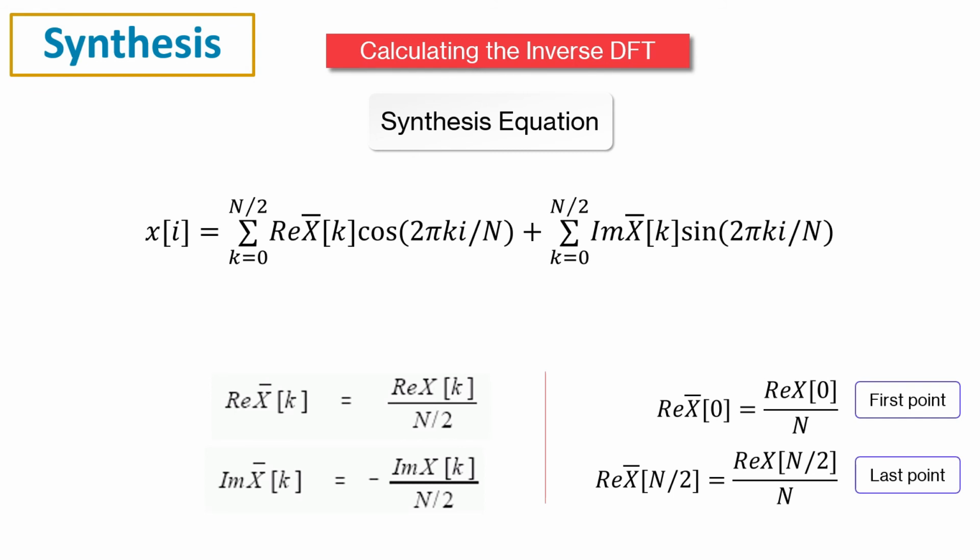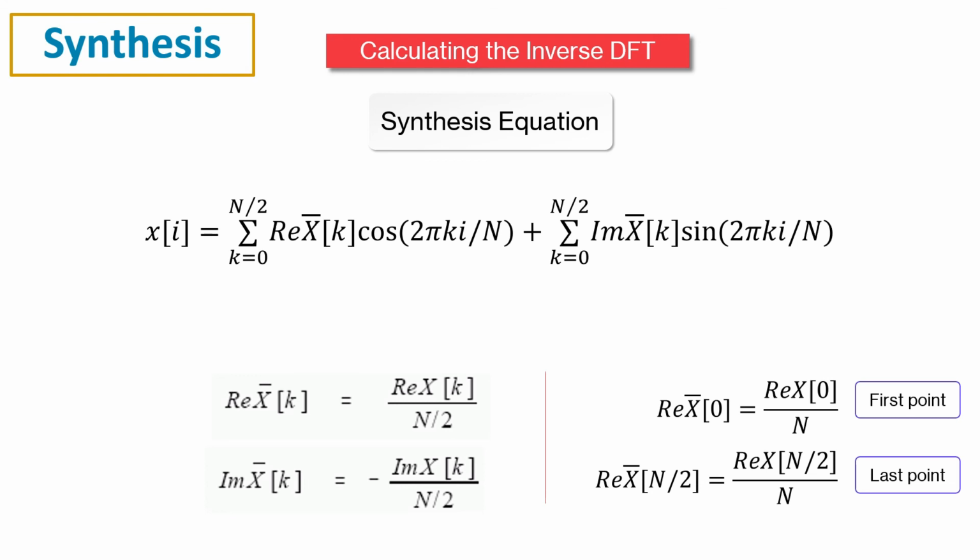The amplitude of the real part of x is obtained by dividing Rex by n over 2 for all other points, but the first point is divided by n, and the last point, Rex n over 2, is also divided by n.